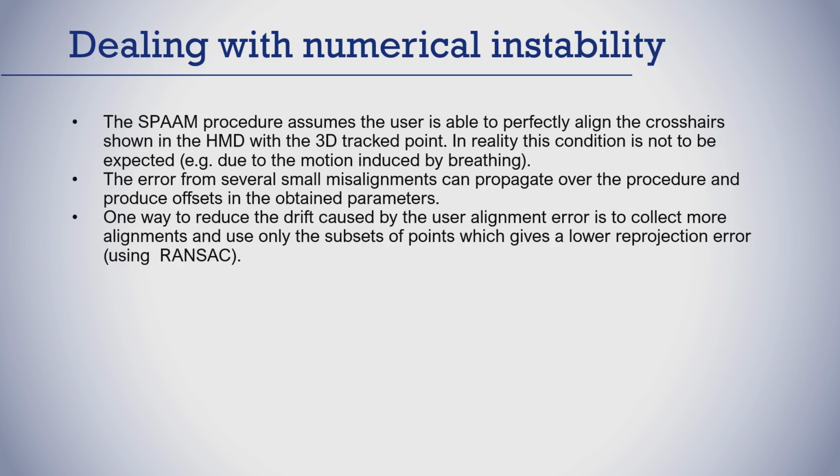Another problem with the calibration is the numerical instability of the result, because those computations assume that you are able to align the crosses perfectly with the marker in the scene. However, since, for example, you are breathing, or maybe the marker is not very close, it is possible that you make some degree of error.